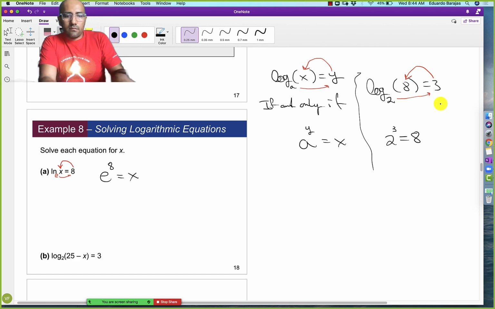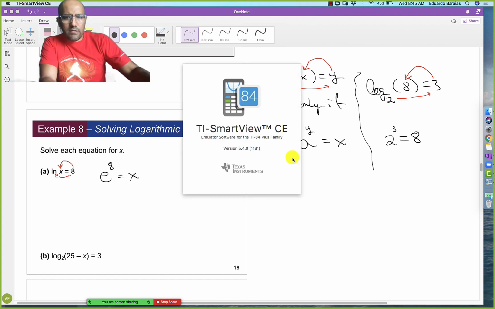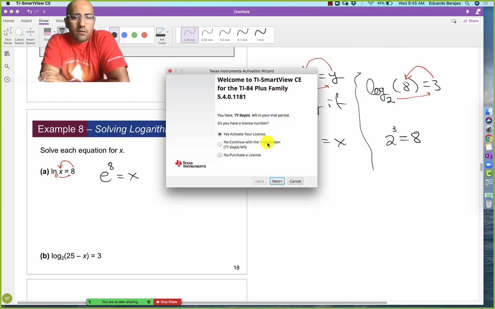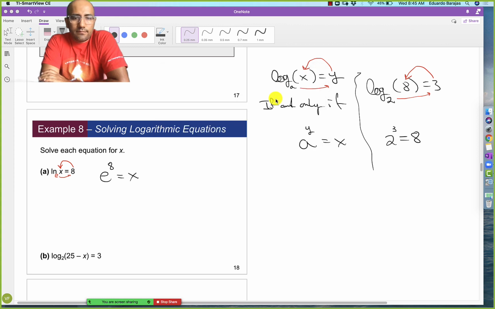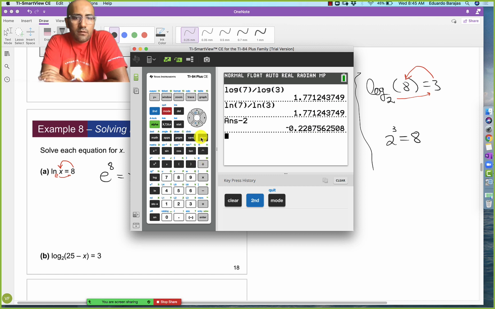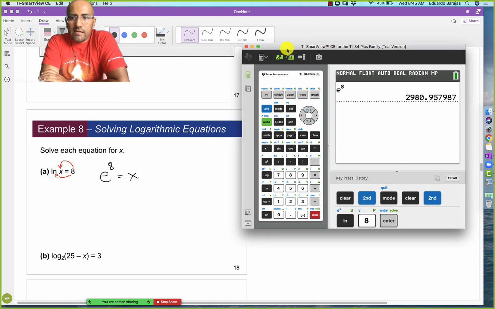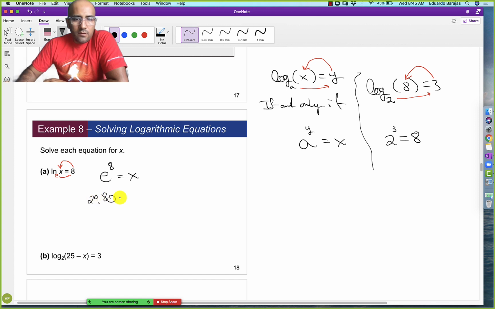I'm going to launch it and see how it does. I try not to keep the program open because it slows down the stylus I've found. I have too many programs open. Let's quit from here. And so e to the power of 8 equals this number, 2980.958, approximately.